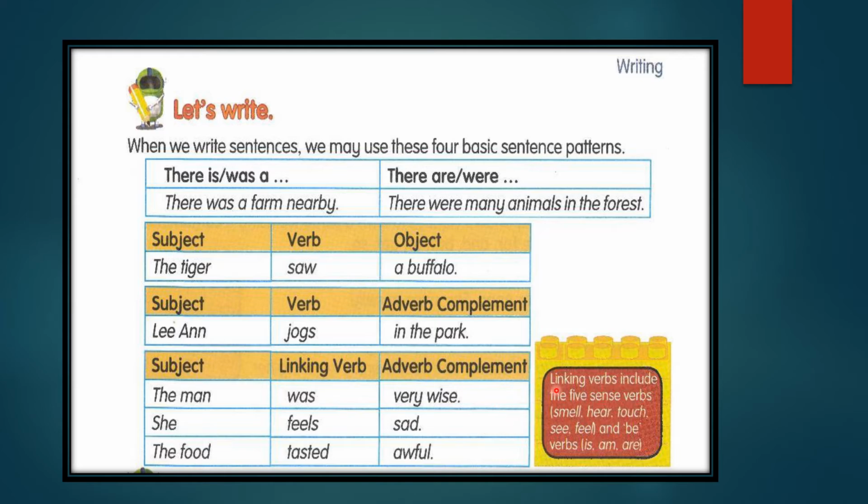Linking verbs include the 5 sense verbs such as smell, hear, touch, see, feel, and the verb be: is, am, are.